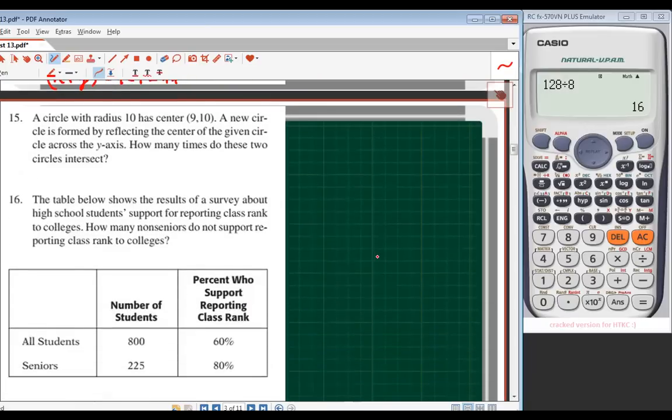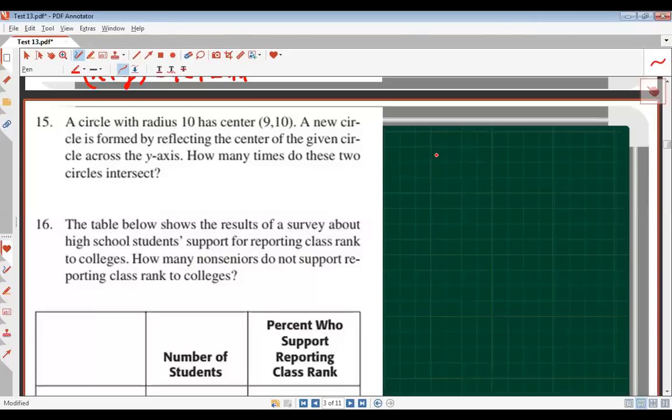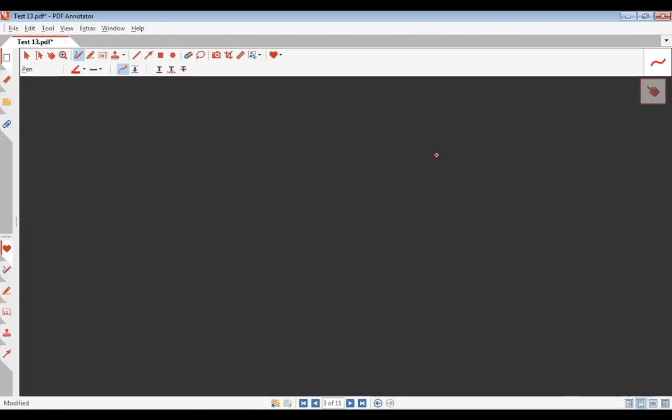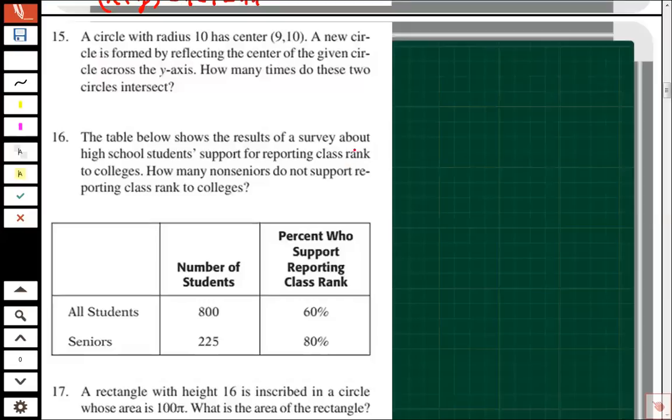Question number 15. A circle with radius 10 has center 9, 10. A new circle is formed by reflecting the center across the y-axis.